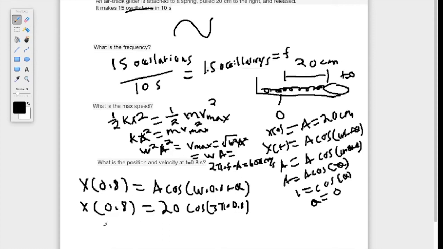So when you calculate all that, x of 0.8 should be around 6.18 centimeters.